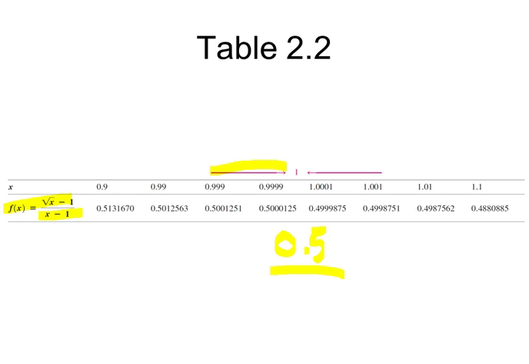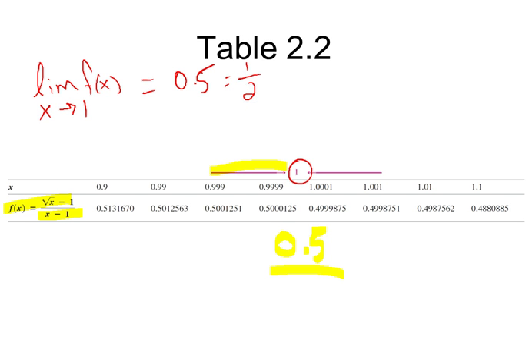It's 0.499999875 and so on and so forth. And so we're approaching this value of 0.5. So what we would say here is that for this function, the limit of f of x as x approaches 1 is equal to 0.5, or we could even write it as 1/2, either way.